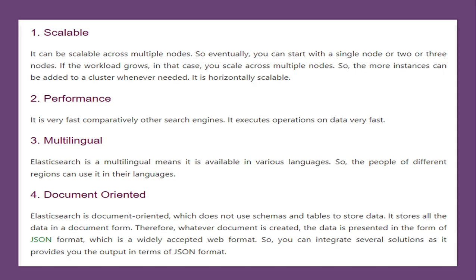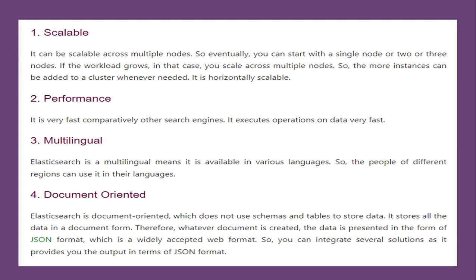So the benefits include scalability. It can scale across multiple nodes, so you can start with a single node or 2 or 3 nodes. If the workload grows, you can scale across multiple nodes, so more instances can be added to a cluster whenever needed. It is horizontally scalable. Second benefit is performance. It is very fast compared to other search engines. It executes operations on data very fast.